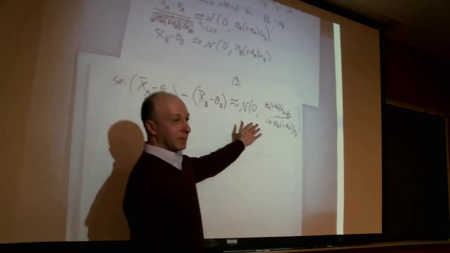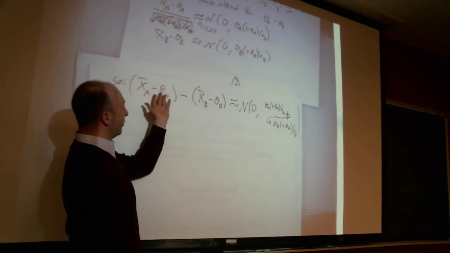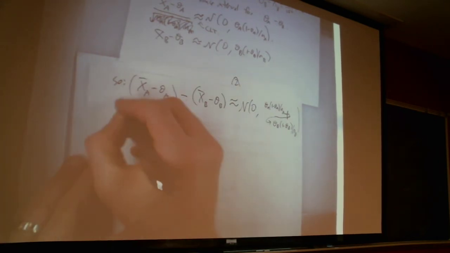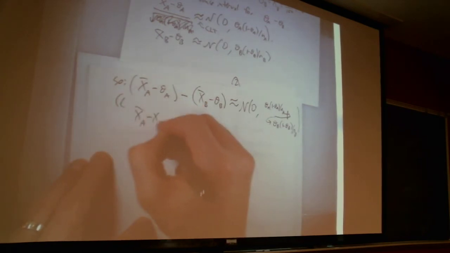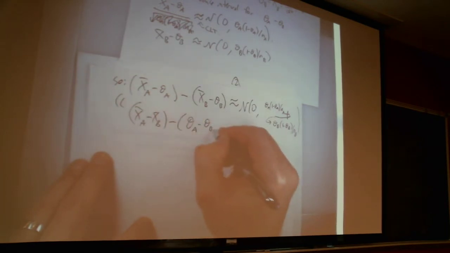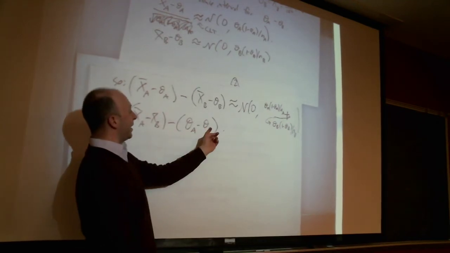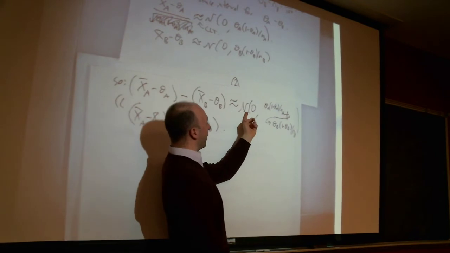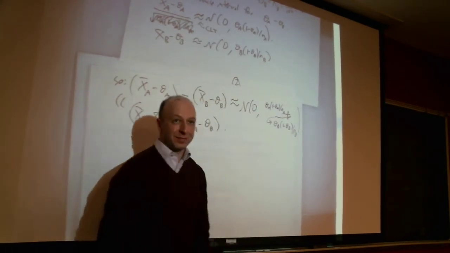Okay? And what's the beauty of this? We're going to do one stitch of algebra, and this is an interval for the difference that we're interested in, namely theta A minus theta B. So we can capture theta A minus theta B as x bar A minus x bar B, but we know more. We know that it will be a Gaussian with mean 0 and this variance.